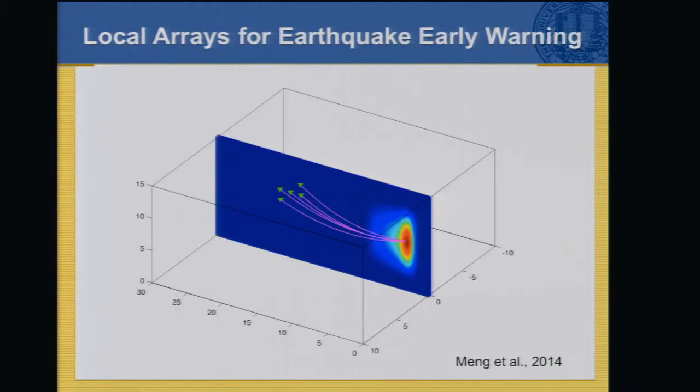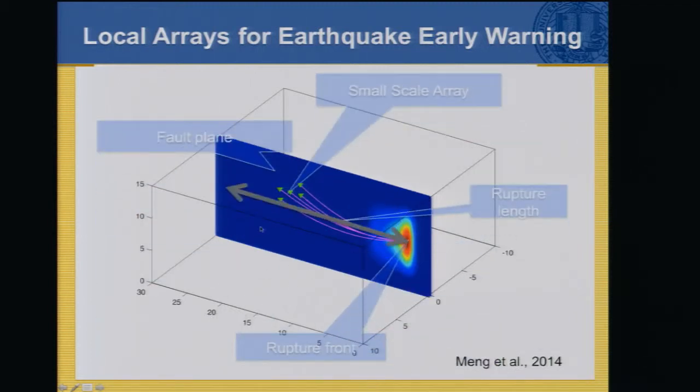So the idea would be, if this is the fault plane, and this bright part is the rupture tip, and we have a small array relatively close to the fault, it's going to keep tracking the direction where the high frequency waves come from, and it's going to map the rupture length.